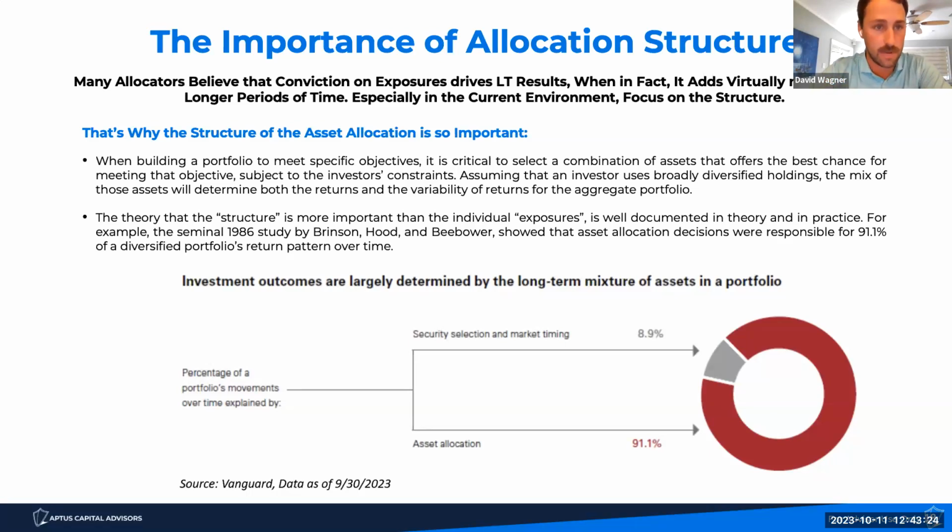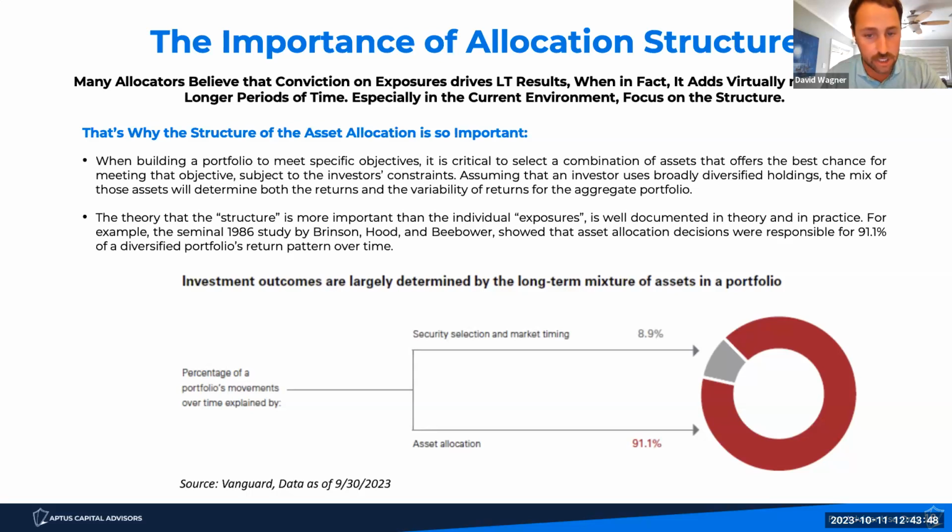And that's why this slide is awesome. I love this slide, the importance of the allocation structure, because everything I've talked about today, it's like, hey, we can focus on our tilts or we can focus on our structure. And this is a financial study that shows that, over longer periods of time, investment outcomes are largely determined by the long-term mixture of assets in a portfolio.